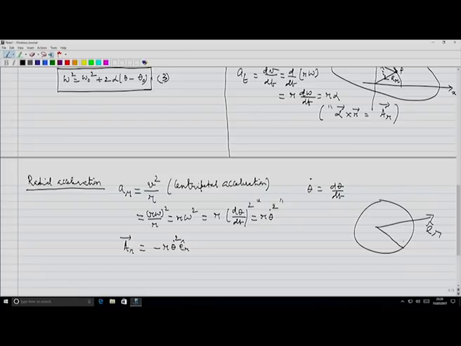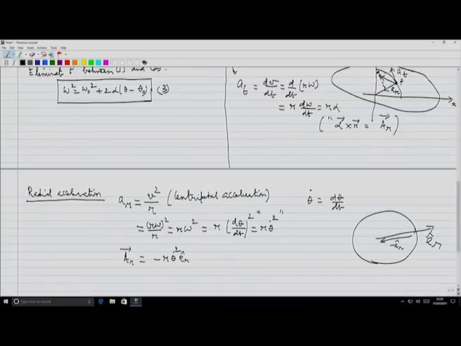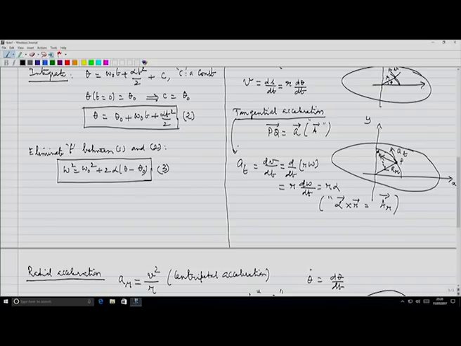If e_r is this direction, then minus e_r is in this direction. So what you have is the magnitude, so it is fine. Now we have the tangential acceleration term.